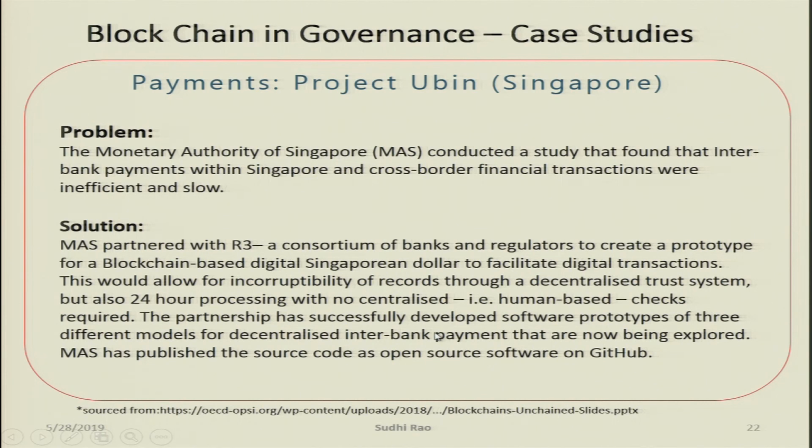The project has successfully developed software prototypes of 3 different models for decentralized interbank payment that are now being explored. MAS has published the source code as open source software on GitHub.